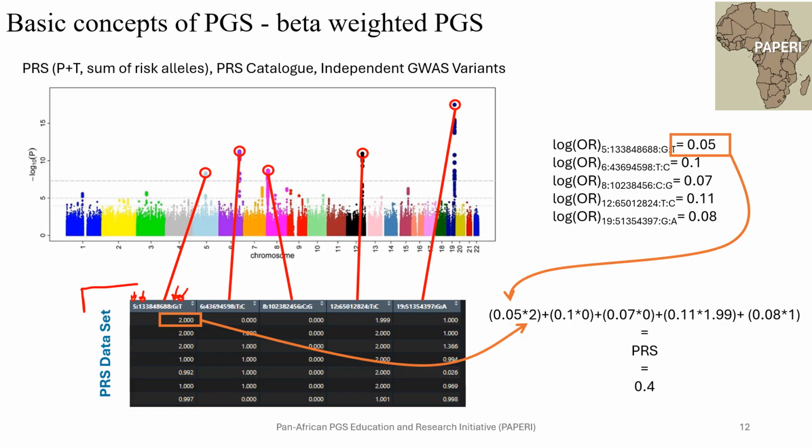So that 2 means that this first individual, let's say individual 1, has 2 copies of the G allele, right?